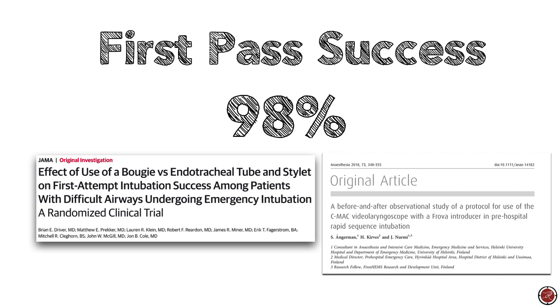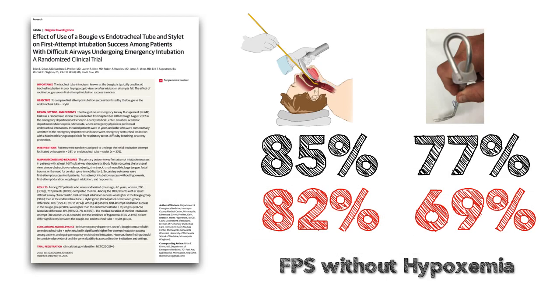Most of us are familiar with the driver study, which compared routine use of a bougie with a stylet approach. And they were primarily using a Macintosh video laryngoscopy. And only about 50% of the time were they actually looking at the screen. But the more important metric than first pass success rate is first pass success rate without hypoxemia. And overall, their first pass success rate without hypoxemia was 85%.